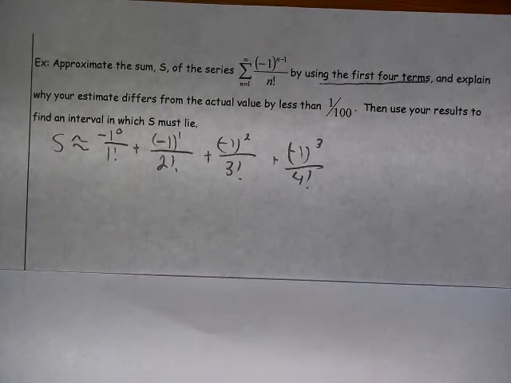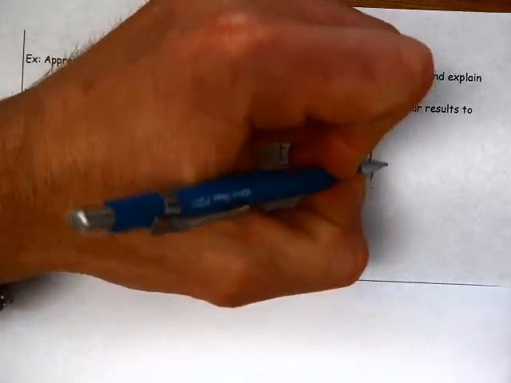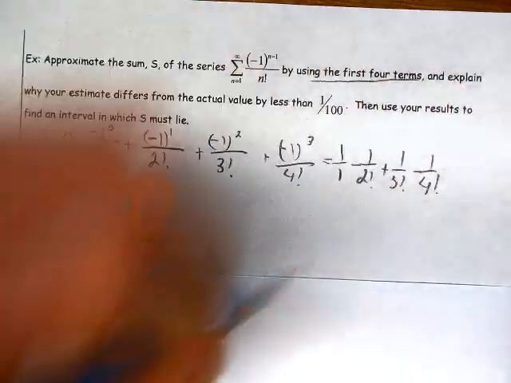And that is equal to 1 over 1 minus 1 over 2 factorial plus 1 over 3 factorial minus 1 over 4 factorial.